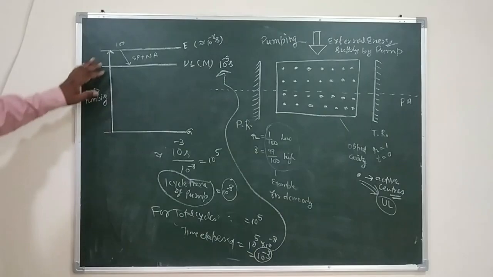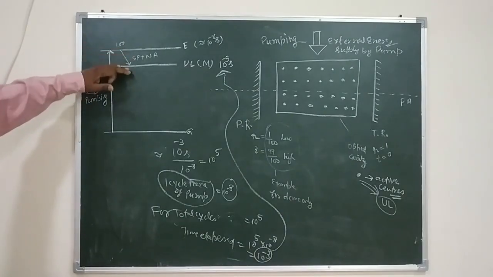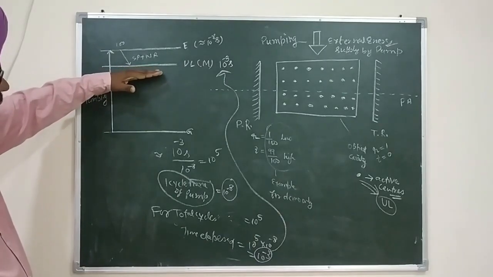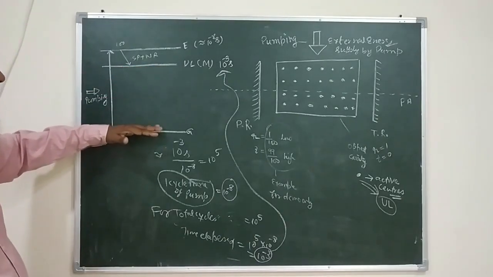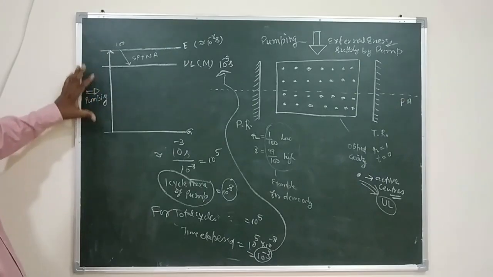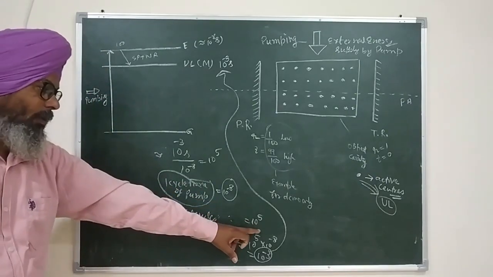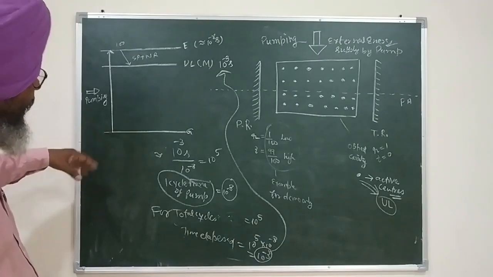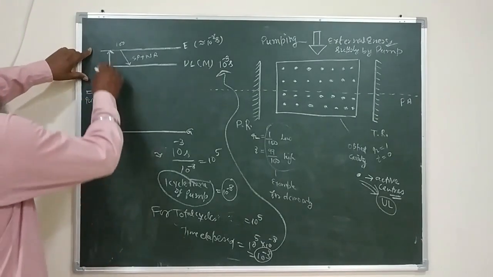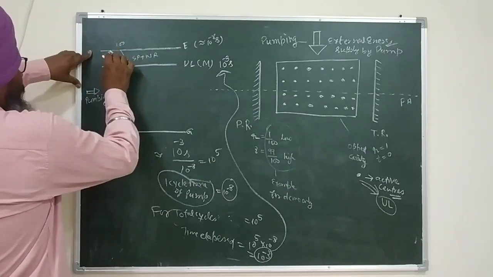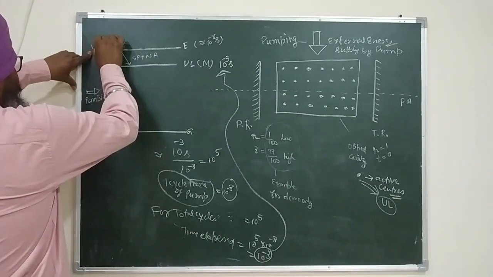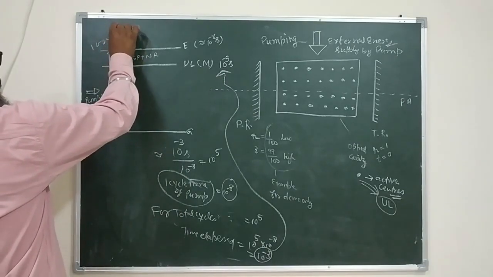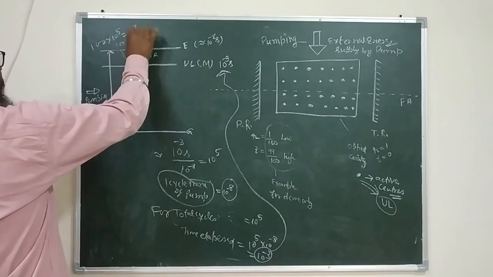So it means the electrons which are coming here will not start de-exciting from this level to this level until the pump has repeated 1 lakh or 10 raised to power 5 cycles, and when it happens, the total number of atoms that the pump will have excited will be 100 into 10 raised to power 5, that is 10 raised to power 7.